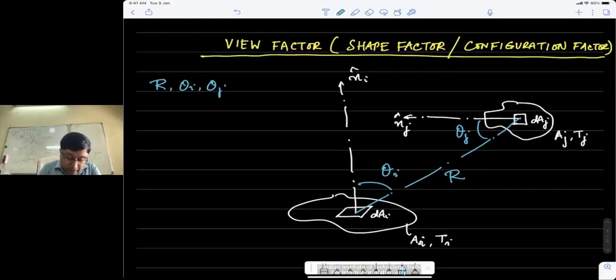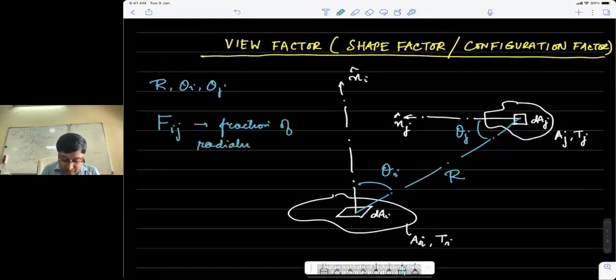So the view factor that I'm going to write is going to be a number Fij, with subscripts i and j, and this will basically define the fraction of radiation that leaves surface i and that is intercepted by surface j.